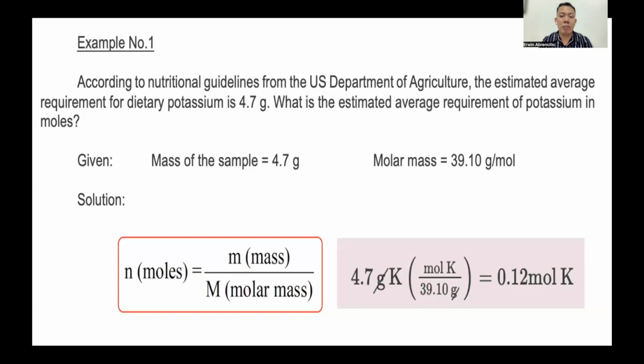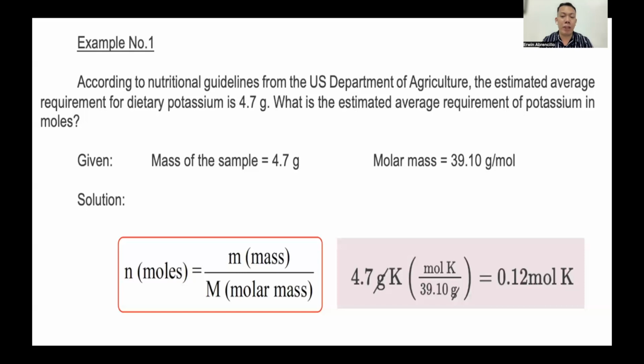However, it may or may not have an effect on the number of moles that you are going to solve. Based on the atomic weight or atomic mass, you can get the molar mass. It is the same. All you have to do is change the unit into gram per mole. So the molar mass is 39.10 gram per mole.